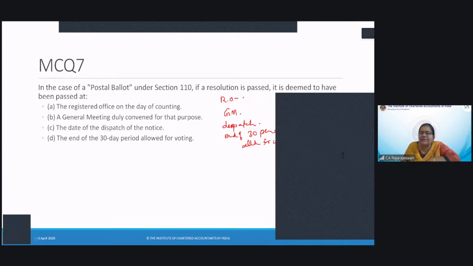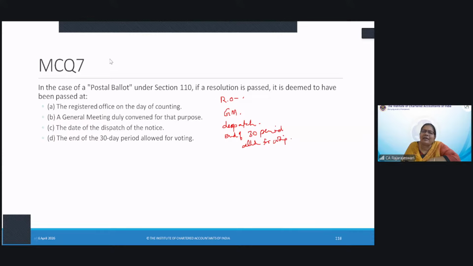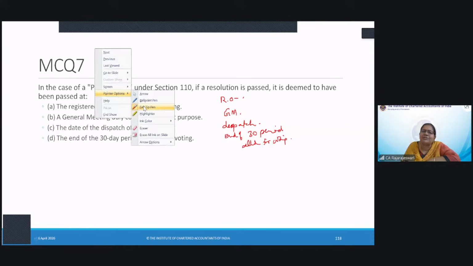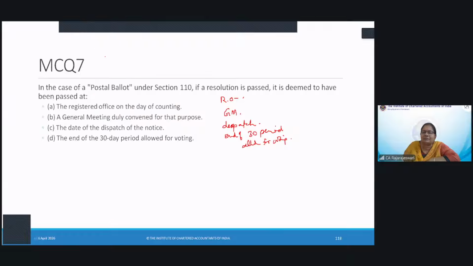Yes, president and governor, yes, it includes central government. I get mixed answers for this. See, what is postal ballot? Do they pass the resolution physically also?